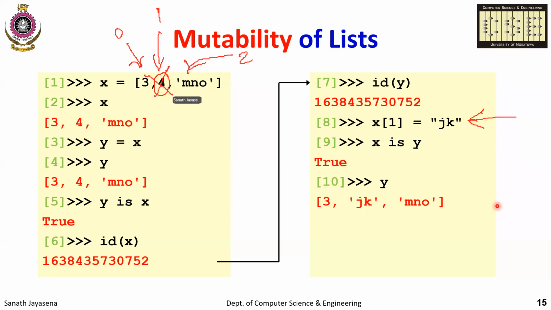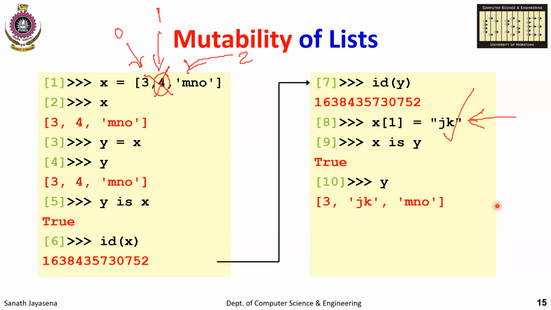And by doing this thing, this has succeeded. Python has allowed us to change the value at index 1 to be JK. And Y still is referring to that. So when you do that, Python didn't create a new object, simply because lists are mutable.